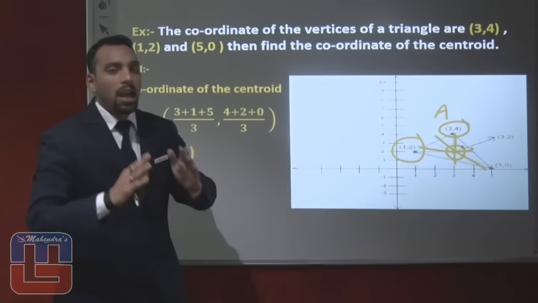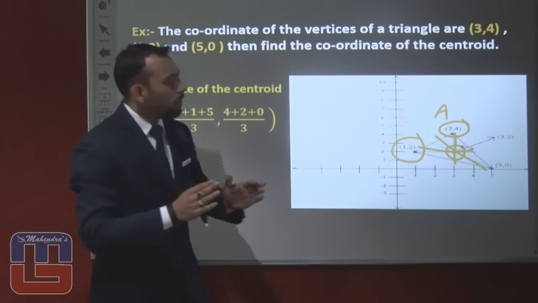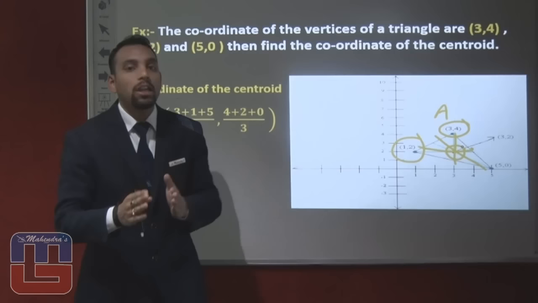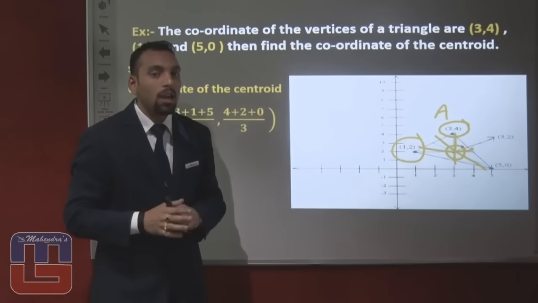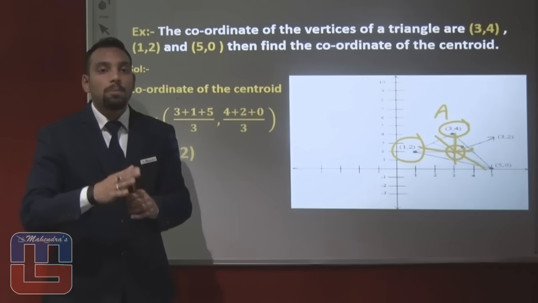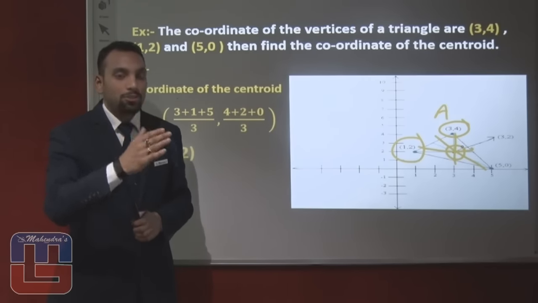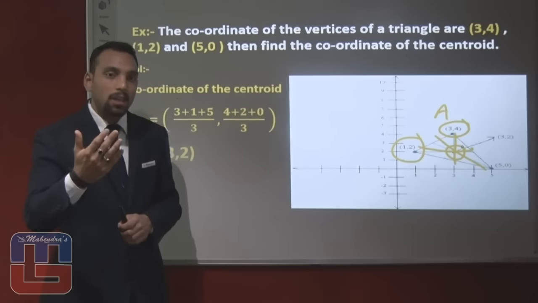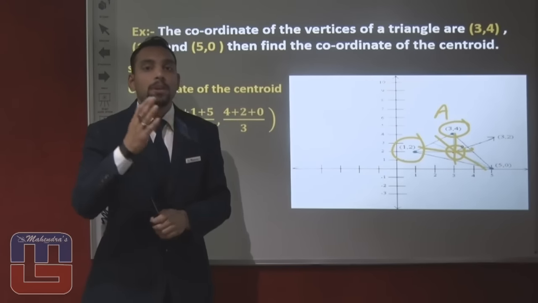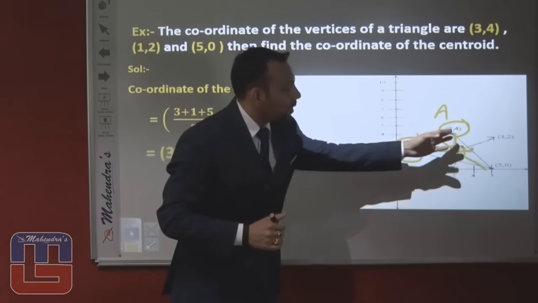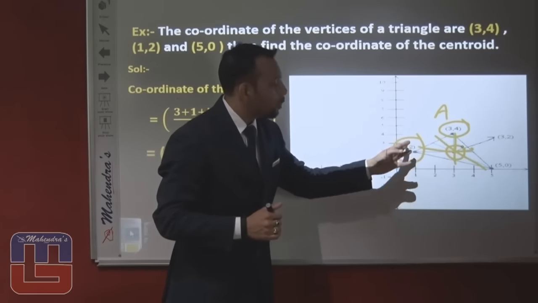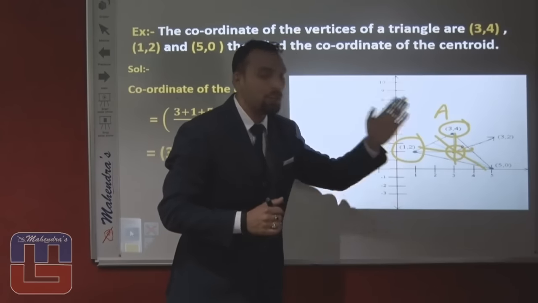How will we find it? As we already discussed, to find the centroid of a triangle we have a formula. The formula is (x1 + x2 + x3) by 3, and similarly (y1 + y2 + y3) by 3. Now you can see here x1 is 3, x2 is 1, and x3 is 5.